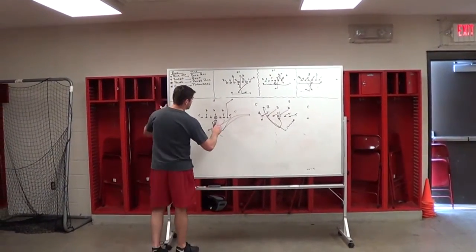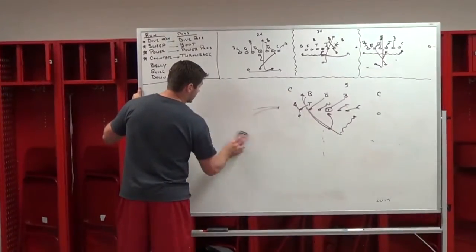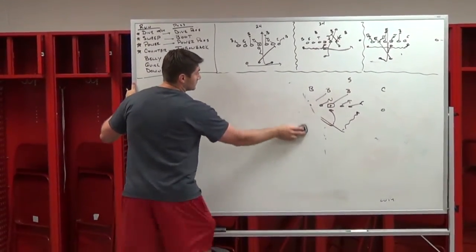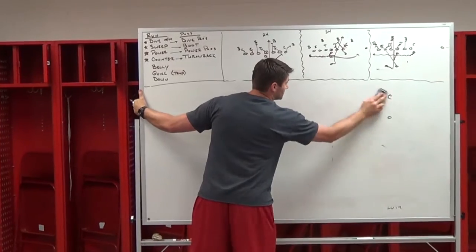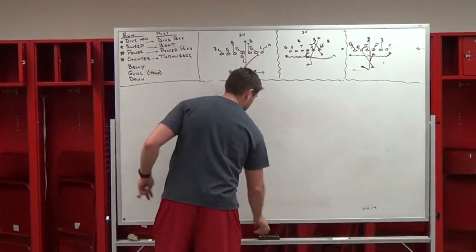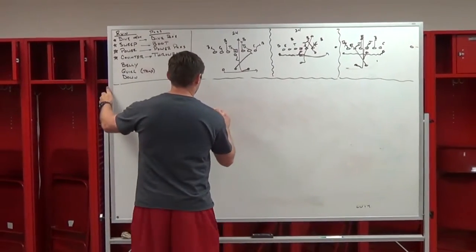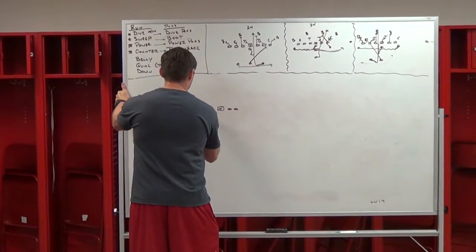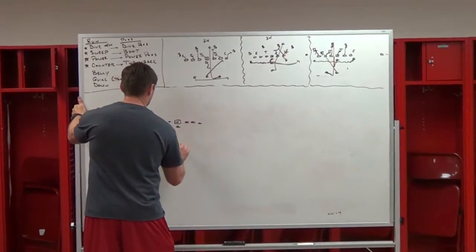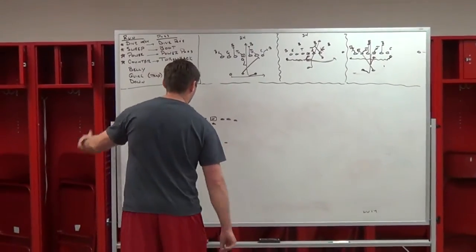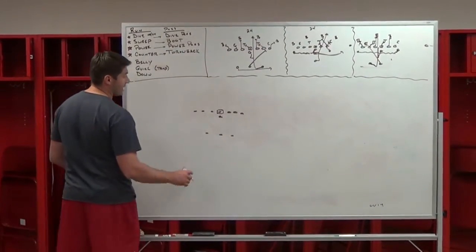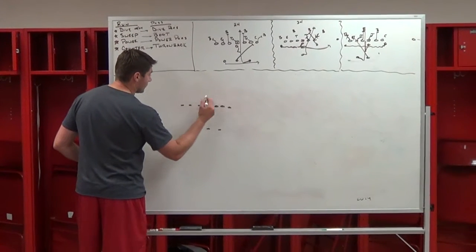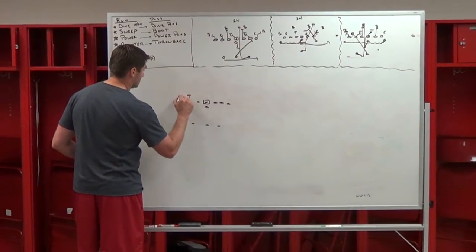All right, and then the last one I want to do real quick is counter. Okay. If we're going to run 45 counter or 43 counter, we're not going to pull and trap anybody.